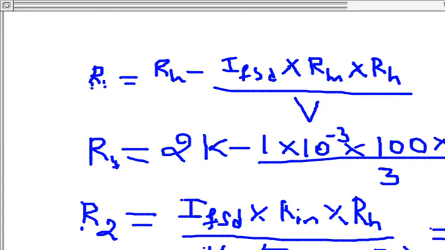We substitute the values here in this expression. So IFSD means 1 milliamp, 1 into 10 to the power of minus 3, into RM 100 ohms, into half scale resistance 2K, divided by applied voltage V. So the applied voltage V is 3 volts, minus full scale deflection current 1 milliamp, 1 into 10 to the power of minus 3, into half scale resistance RH 2 kilo ohms.